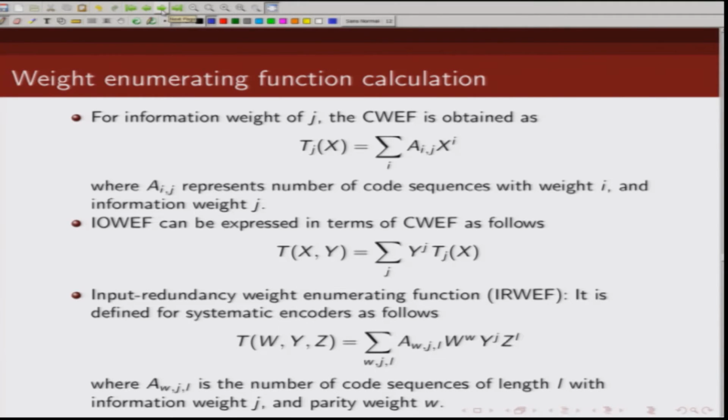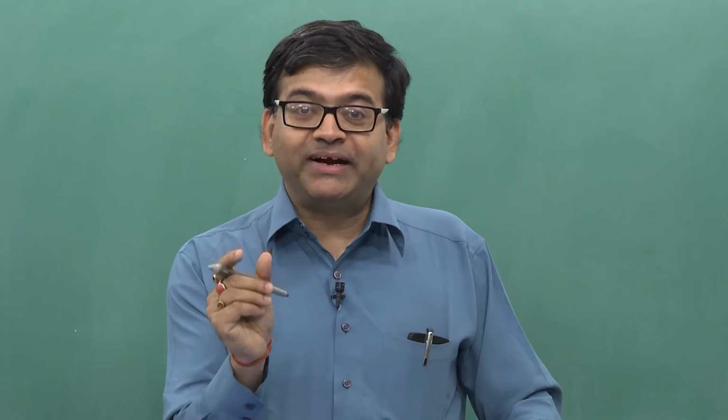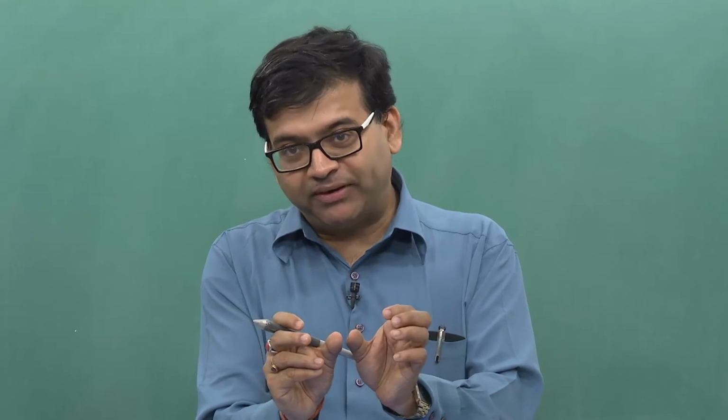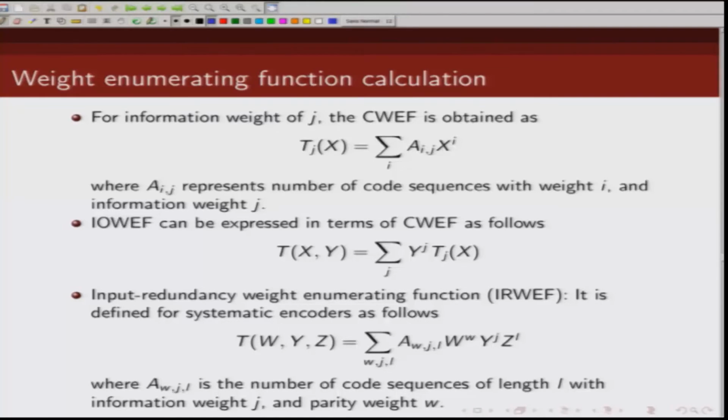This is another property which is defined for systematic encoders, which is called the input redundancy weight enumerating function. Here, the output weight of a systematic encoder consists of the weight of the information bits and the weight of the parity bits. Since the power of Y already denotes the weight of the information bits, instead of specifying the output weight, you can just specify the weight of the parity bits.